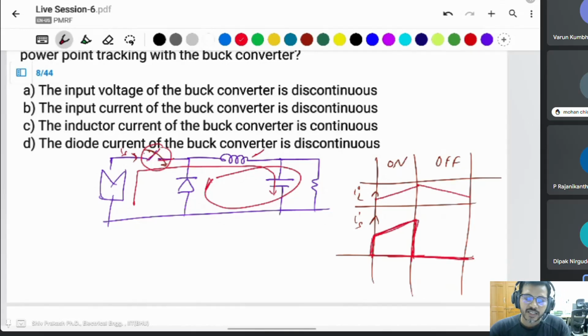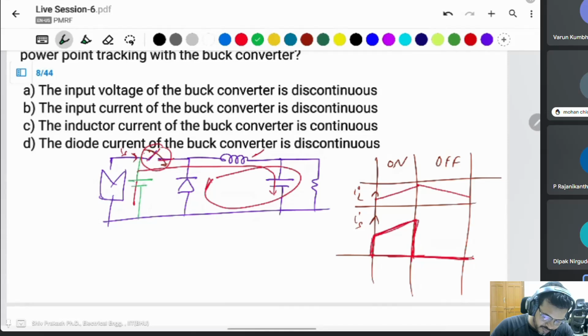That's why a capacitor is needed at the terminals of the PV panel, because discontinuous current would flow through the panel. The panel may get damaged, or its life is reduced in discontinuous conduction mode. That's why a capacitor is mandatory in this condition. A capacitor is added at the input side.